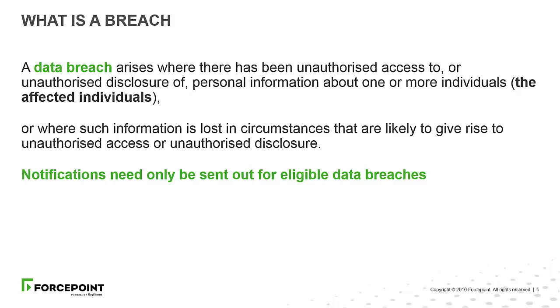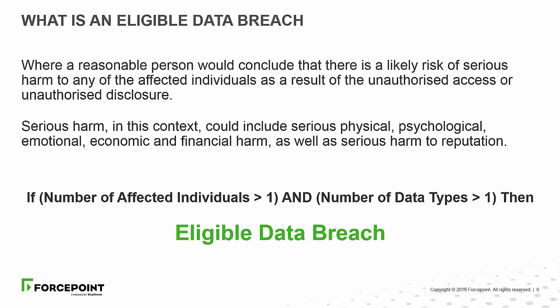The interesting thing is notifications only need to be sent out for eligible data breaches, not just a data breach. To be honest, the definition of eligible is really when you've got multiple data types. So if you've got a first name, surname, and an address, as well as it being multiple people, that's usually where it becomes an eligible data breach. It only has to be over one.